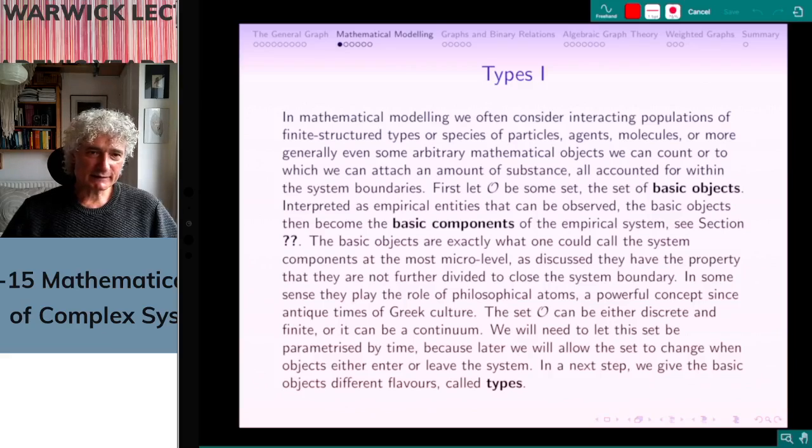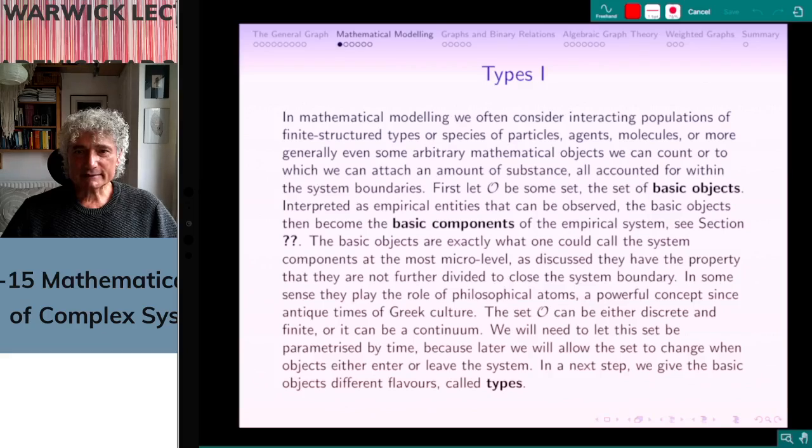So, as we have seen in the mathematical modeling introduction in lecture 1, every system has to be chosen to have basic objects. These basic objects correspond in a mathematical theory to what we called basic components in the empirical system.